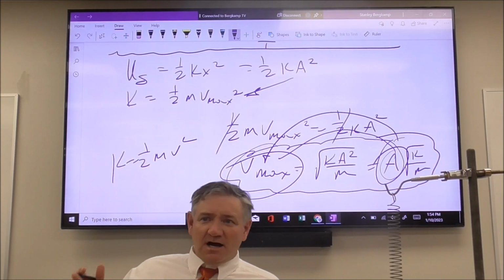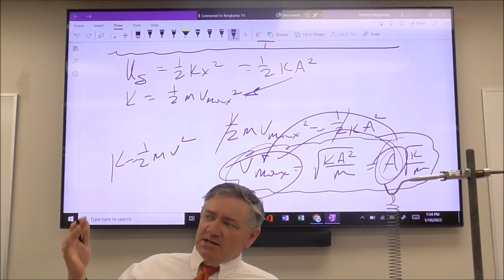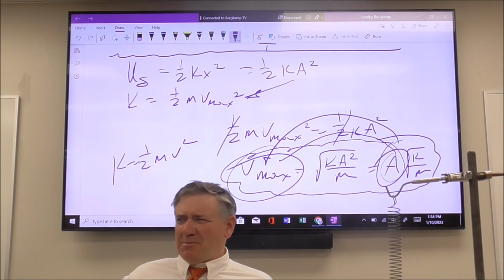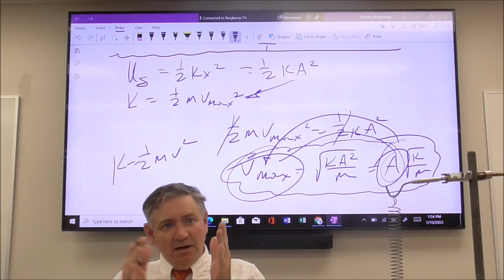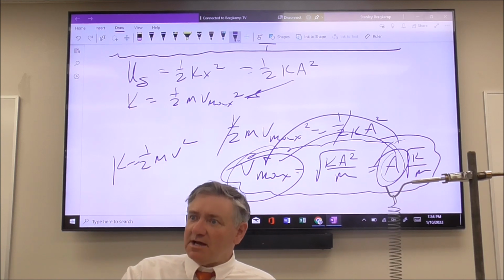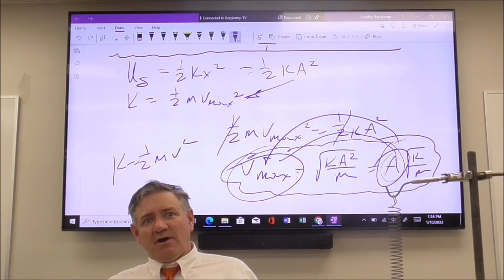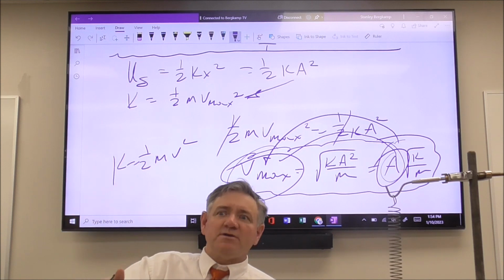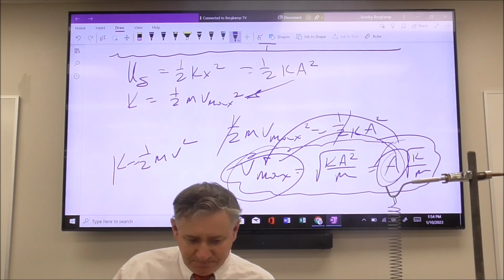As that thing oscillates, I can't say that if I double my amplitude, my Us goes up by a factor of 4 but my kinetic energy only goes up by a factor of 2. Because the sum of these always has to equal a constant, I can't have one value quadrupled and the other just doubled. That's what I want you to see: how do these things all fit together?